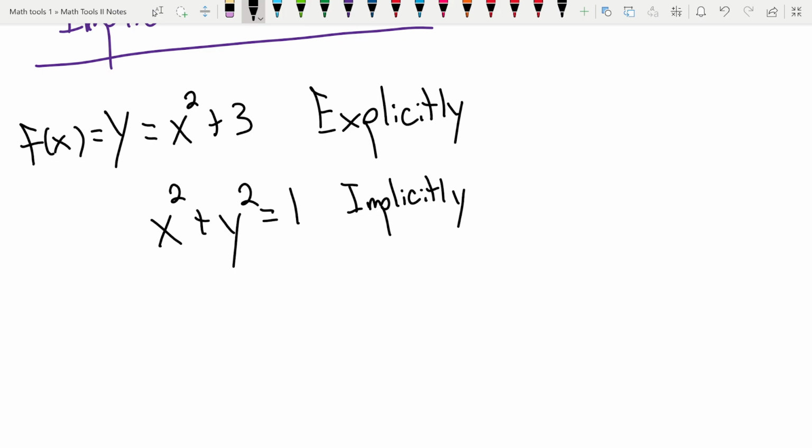So we still think of y as being a function of x. So maybe I would rewrite this as x squared plus y of x squared equals 1. The only reason I'm writing it this way is that we normally don't write y of x at all. We write f of x, but this isn't a function.